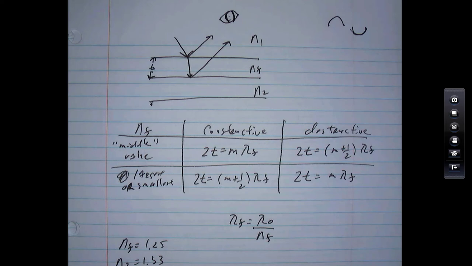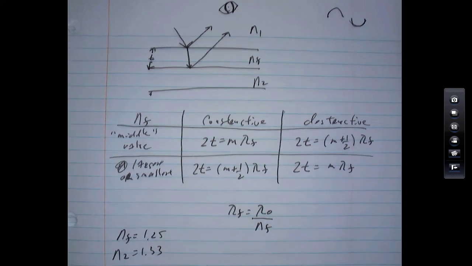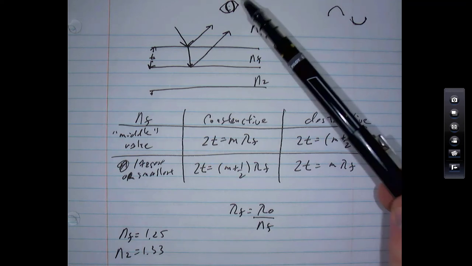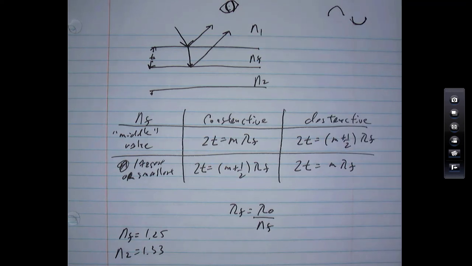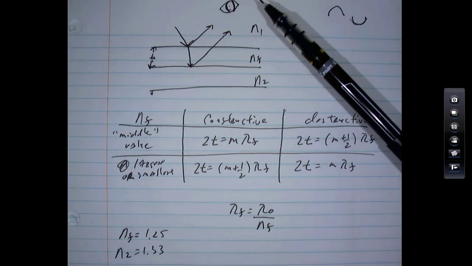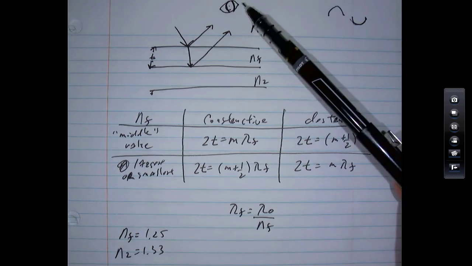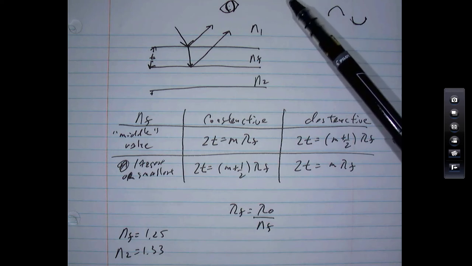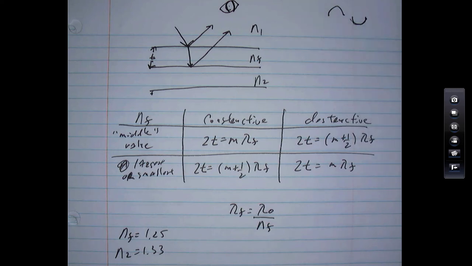So if you take all that information and put it together, I've made this chart. The first thing to determine is, do you have constructive or destructive interference? If you're actually seeing it up here, it's constructive interference. If you're trying to get rid of the light for whatever reason, then it's destructive interference. Like an anti-reflective coating would be destructive interference.